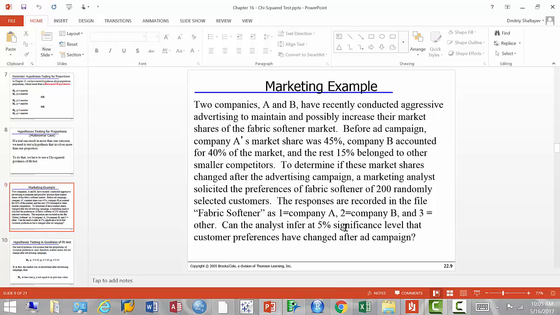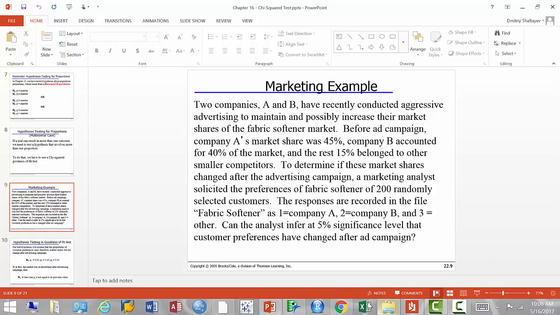And others collectively lost, right? It could be pretty much any kind of combination of these factors, right? How the market is distributed afterwards. So therefore, we're not going to test any specific proportion in isolation, but rather we're going to test them all together, okay?